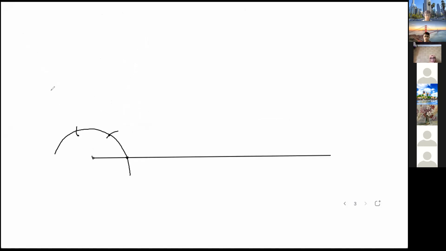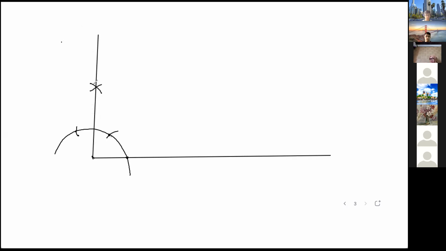So I will not join it because I want 90 degree. So from here I have to bisect. This is 120, this 60 I have to bisect. So from here cut an arc like this, from here cut another arc like this. Now we have got this as 90 degree. Is it clear? Yes, ma'am.